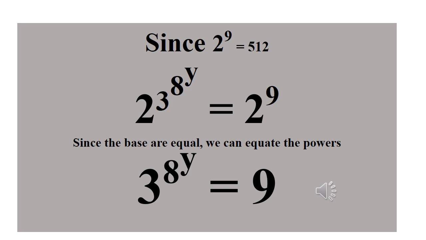Now, since the bases here are equal, 2 and 2, we can just equate the powers and cancel the base. So we have 3 raised to power 8 raised to power y equals 9. We have equated the powers. The base cancels the base, 2 cancels the 2.